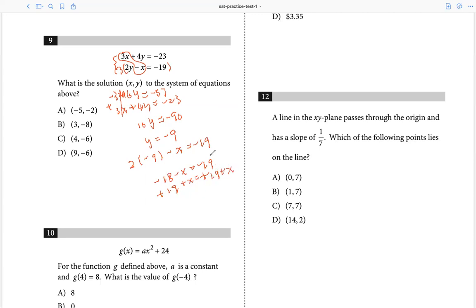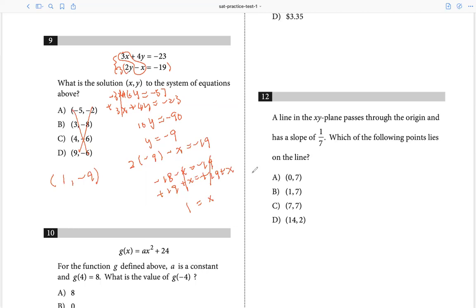Right? So negative 19 plus 19 becomes 0, and x equals 19 minus 18, which equals 1. So the solution is 1 comma negative 9. And those are wrong. All right, those are wrong.